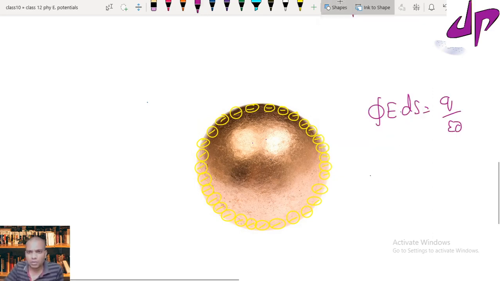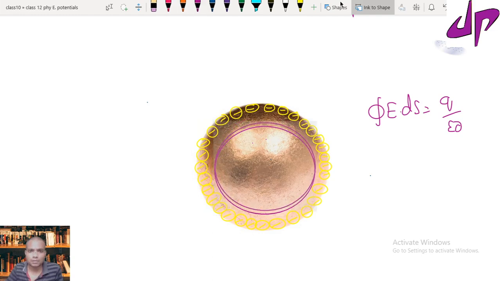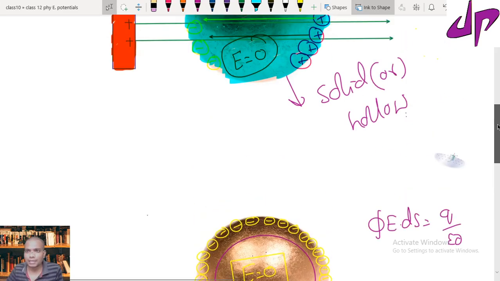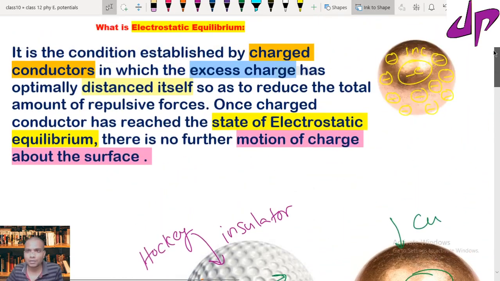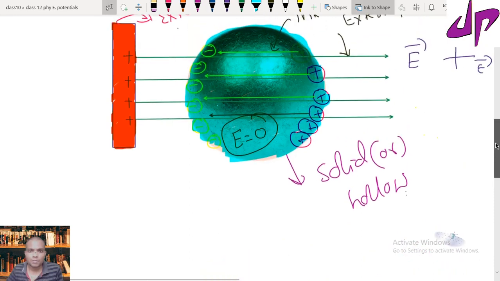Suppose I take a Gaussian surface just close to the charges, not on the outside, just there. In the previous case, we learned that the electric field inside equals 0, which we already proved. So the electric field within the conductor goes to 0.